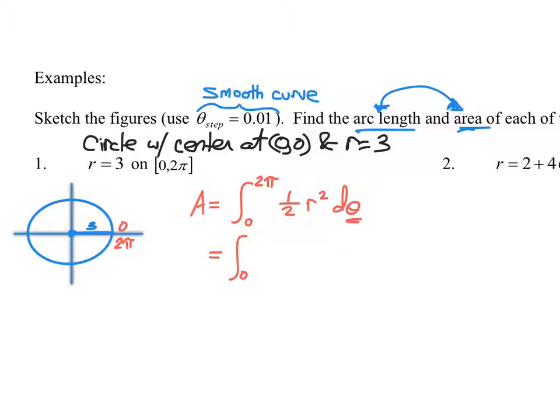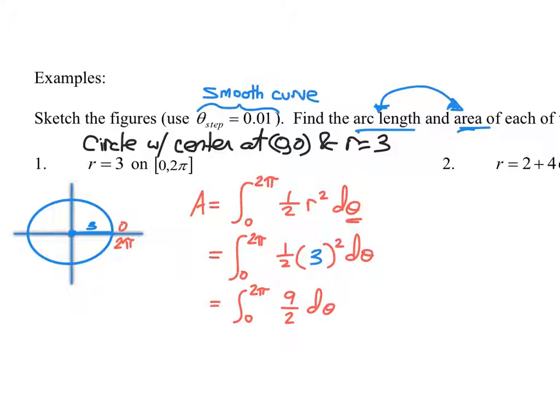What we're going to do is, since we know that r is a constant, r is 3, and it's always 3 in this world, I could just chuck that right in. And we'll be looking at the antiderivative over the interval of 0 to 2 pi. This is going to be 9/2 d theta.